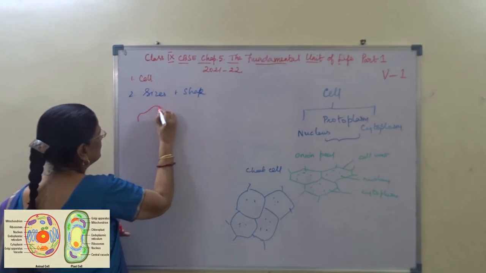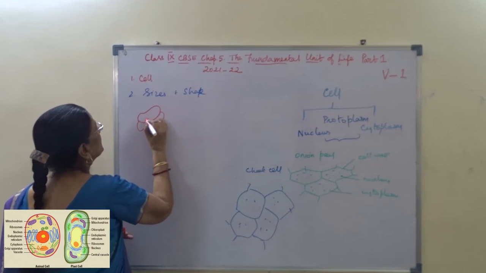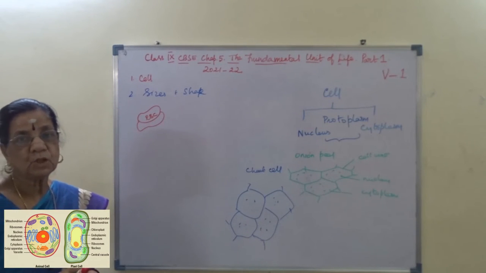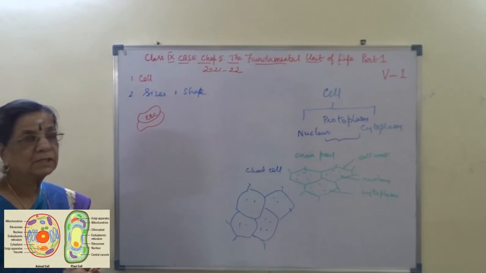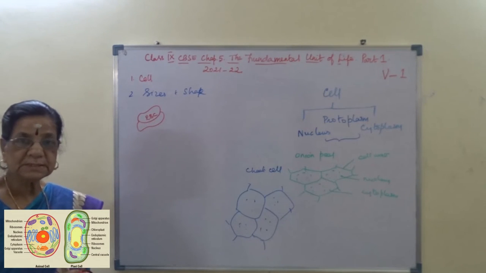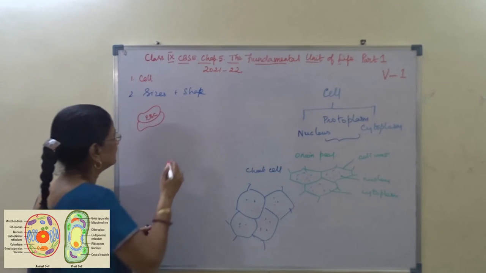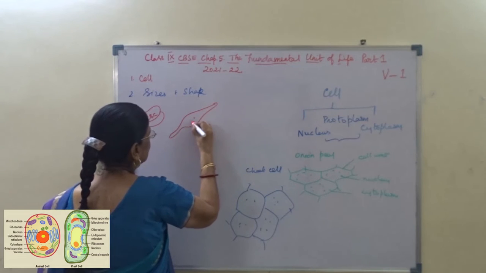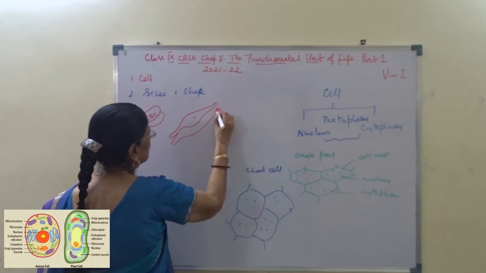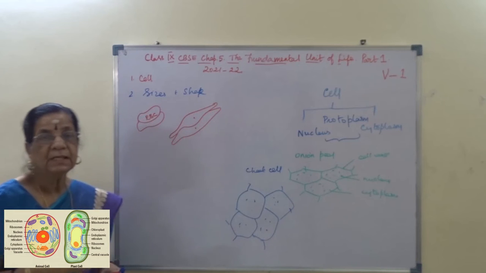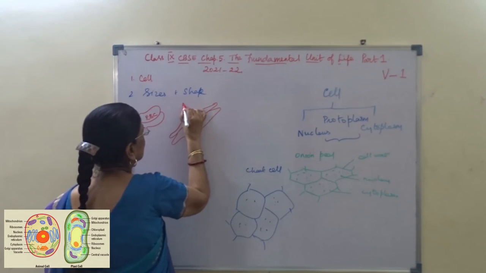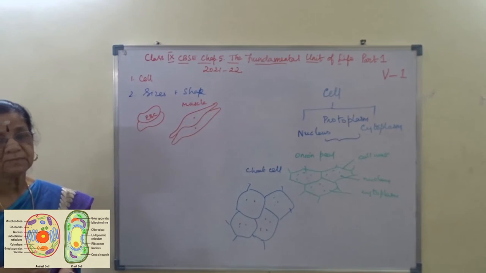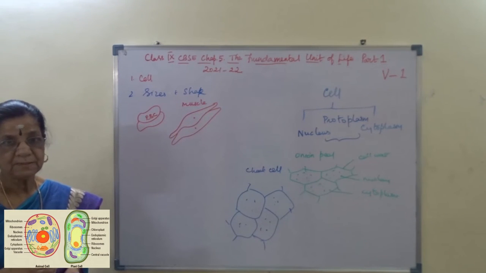For example, this is RBC, red blood corpuscle. It is biconcave, circular, disc shape in nature. Whereas this is smooth muscle. Smooth muscle is present in the internal organs and is involuntary in nature. This is a muscle cell.